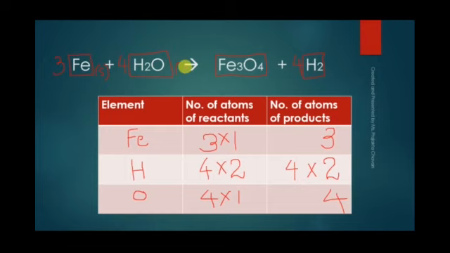H2O here is actually in the form of steam, in the gaseous state, because Fe is actually unreactive with water. So we need to heat water. We have to bring it in the gaseous state and then only it can react with Fe. More about this you will be learning in the third chapter, metals and non-metals.